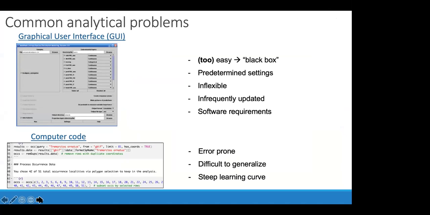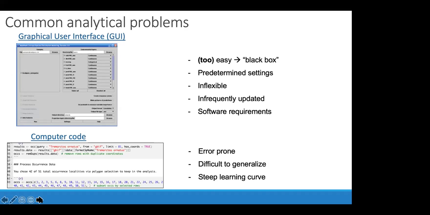On one hand, there are several graphic user interfaces that you can use, and the most widely used example is the MaxEnt GUI, which several of you mentioned. These are very easy to use. They're often called black box. Maybe they're too easy to use. People are very tempted to use the default settings, and it's a bit more difficult to very specifically parameterize your models.